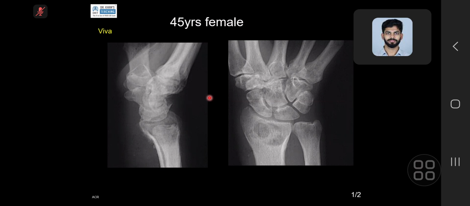There is also an associated cortical break along the lateral cortex. No matrix mineralization, no soft tissue component. So it's an aggressive bony lesion causing possible pathological fracture. There is reduced joint space of the radiocarpal joints. The radio-ulnar joint and the rest of the carpal bones are normal, no similar lesions are noted.